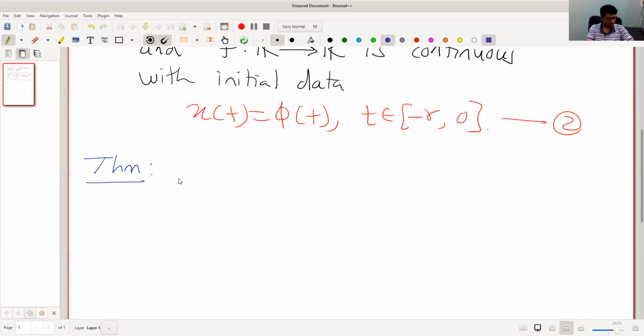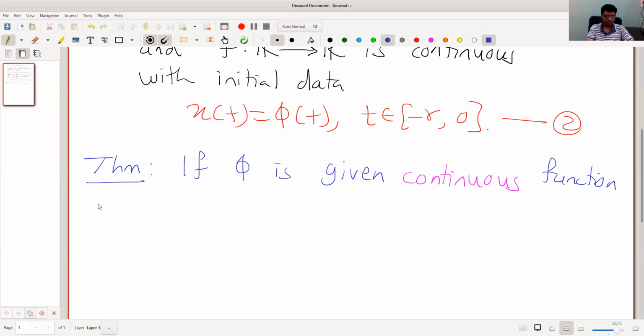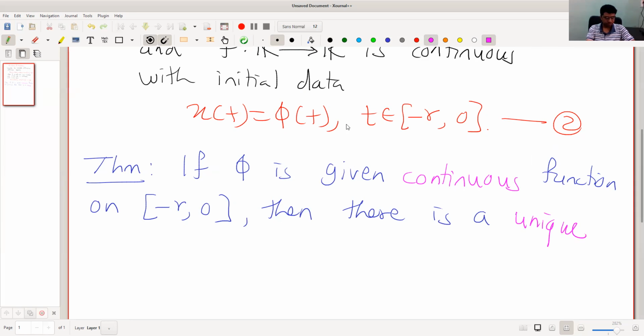Theorem. If phi is a given continuous function on the interval minus r, 0, then there is a unique function x of phi f. x of phi f means this is the solution x which depends on phi and f.